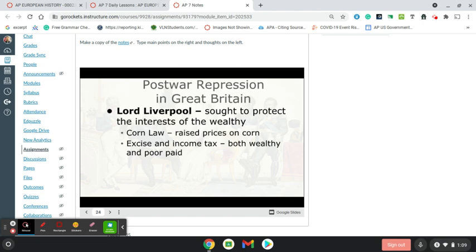Even though they already have a constitutional monarchy and a representative government, you still find aspects of conservatism in Britain, particularly through what are called the Corn Laws. The Corn Laws attempted to protect, of course, landowners who grew crops and created higher prices. That way they could gain greater revenue off of them.